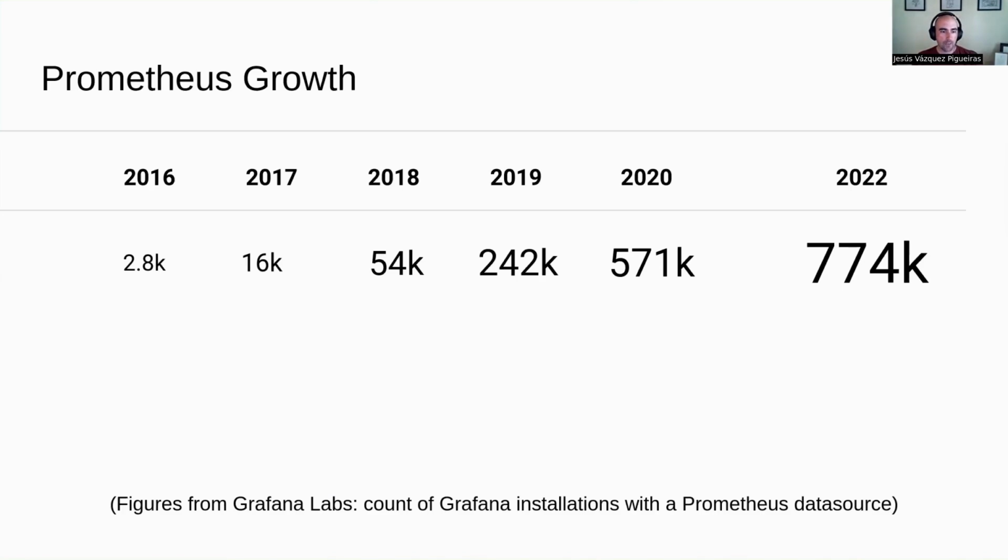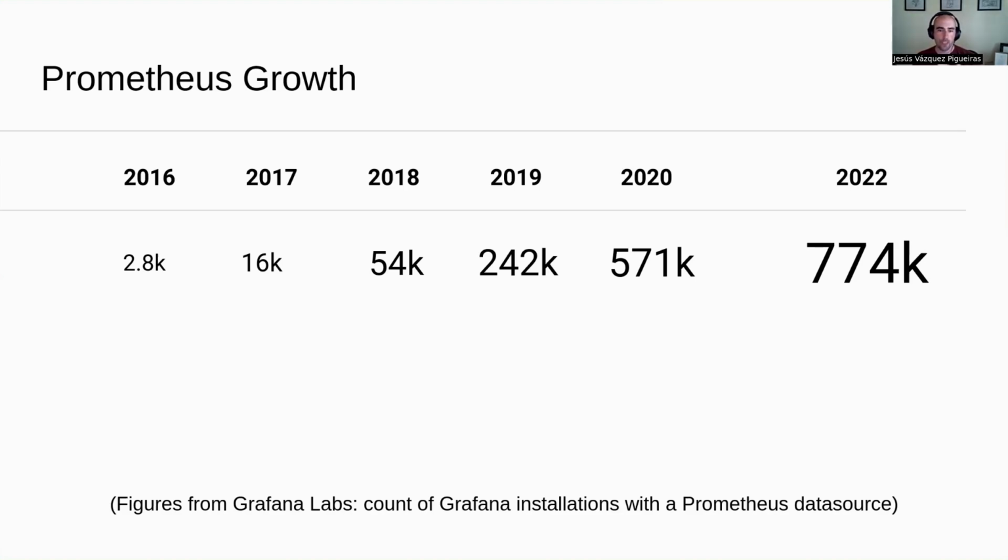I'd like to mention first some notes about the Prometheus growth. So these numbers here come from our Grafana installation. So any instance that's reporting analytics to us, instances running on our cloud or instances running anywhere else that have at least one Prometheus data source configured, count here.